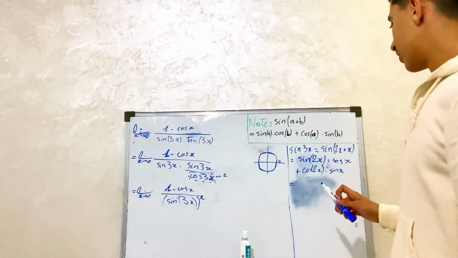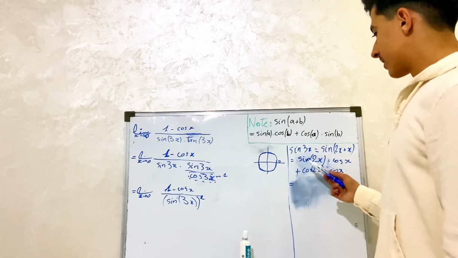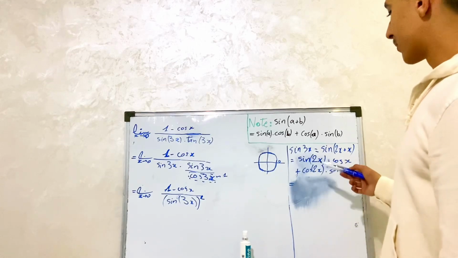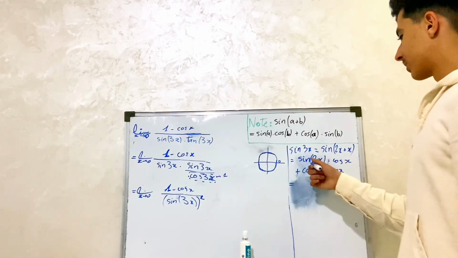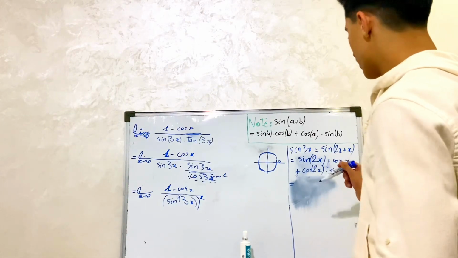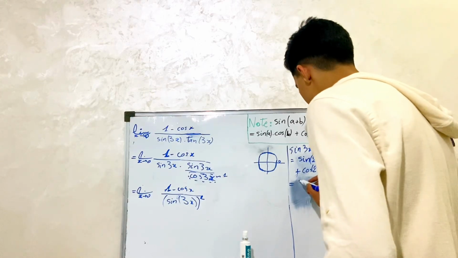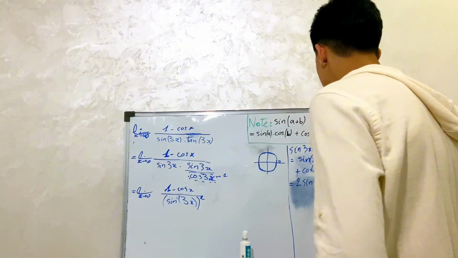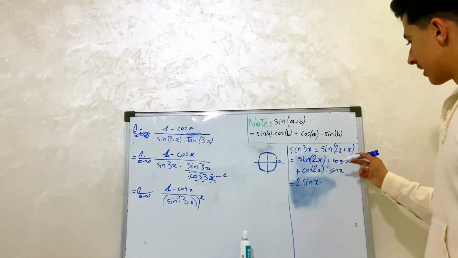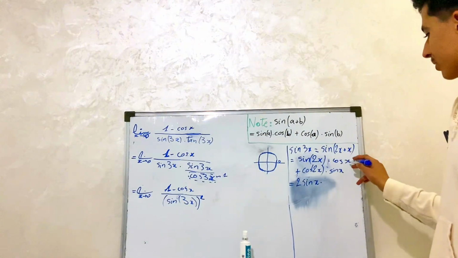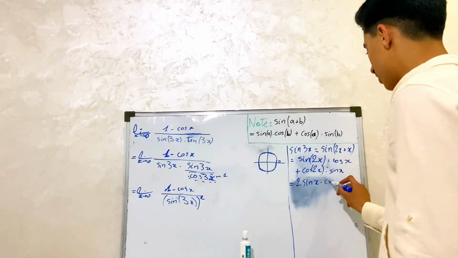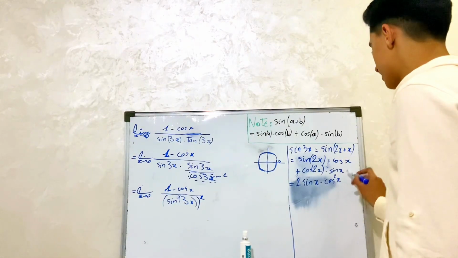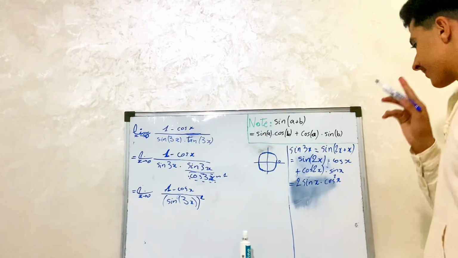So we already know the properties that tell us the sine of 2x and cosine of 2x. First, let's start with sine 2x. Sine 2x is basically 2 sine x times cosine x, and we already have multiplied by cosine x, meaning we can just write cosine squared x to simplify that.